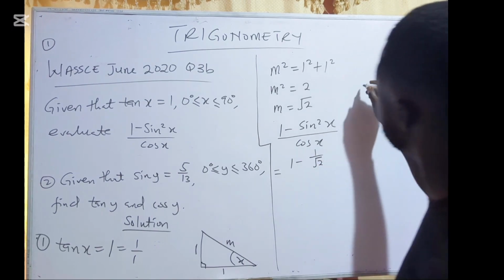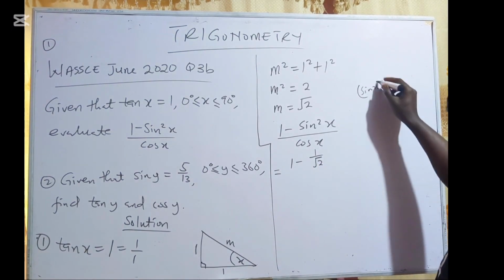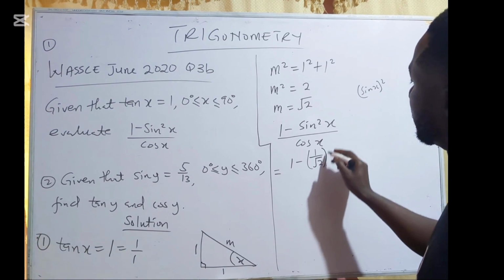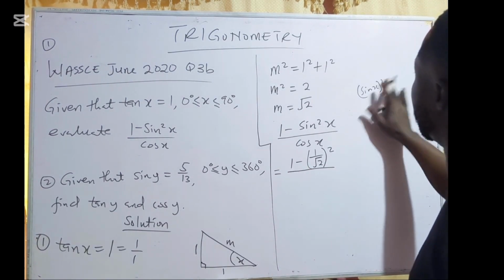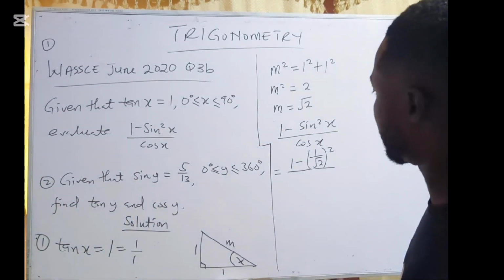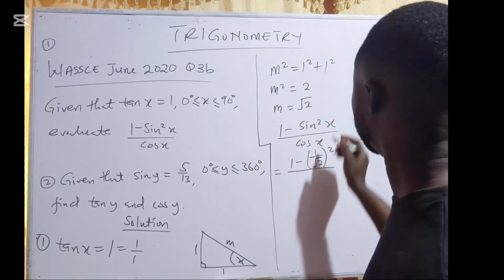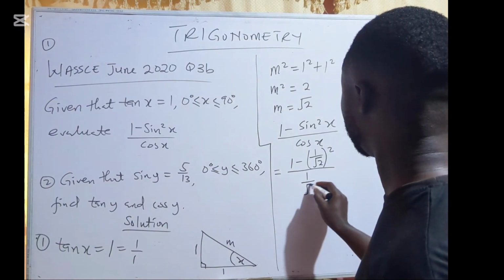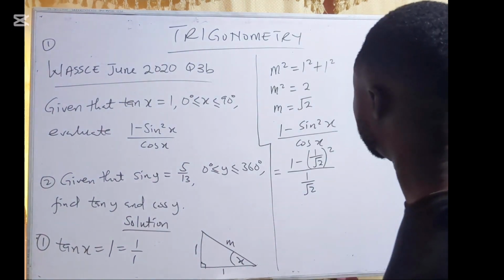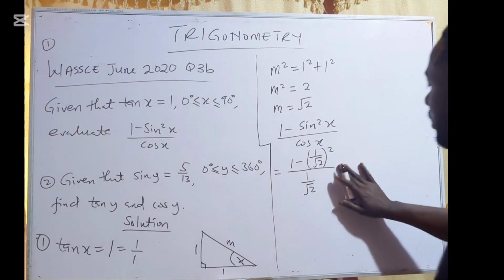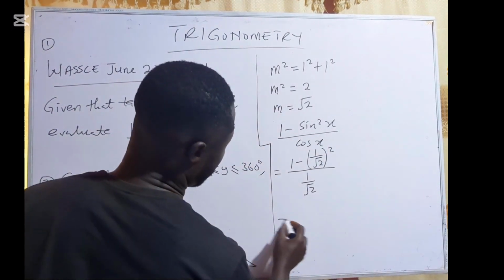Sine squared x means sine x all squared, so I'm going to square all this, all divided by cos x. Cos is adjacent over hypotenuse, so that will be 1 over root 2. My adjacent is 1, hypotenuse is root 2.